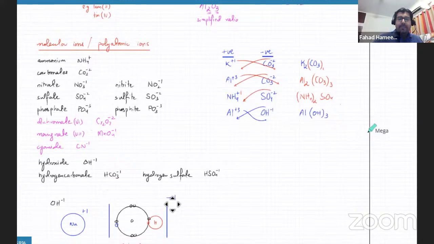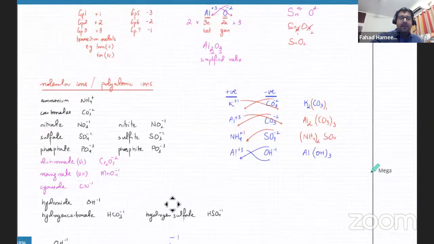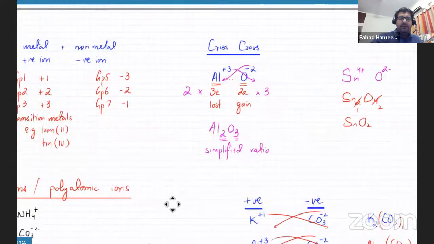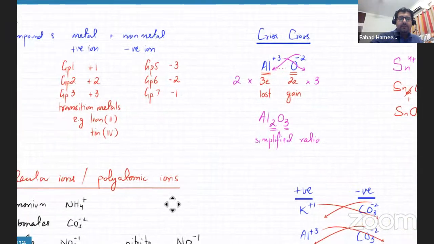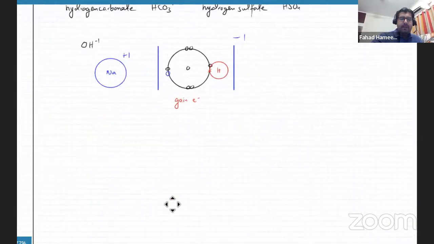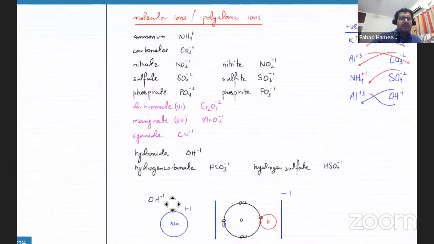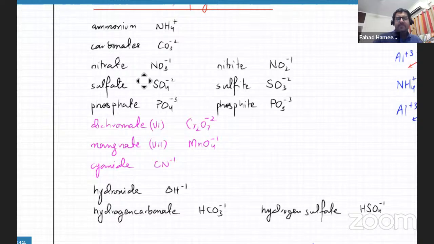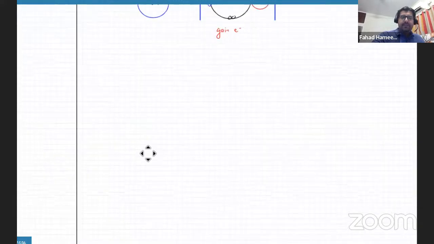Now, naming them. Just a bit about naming. The polyatomic ions are called the same names. Their names don't change. If there's ammonium in it, you call it ammonium. If there's phosphite or phosphate in it, or cyanide or manganate, you just call it the same thing. But for the negative ions of the elements, the name changes.